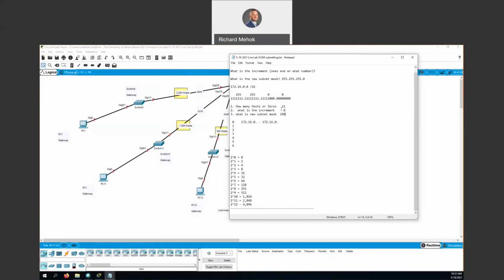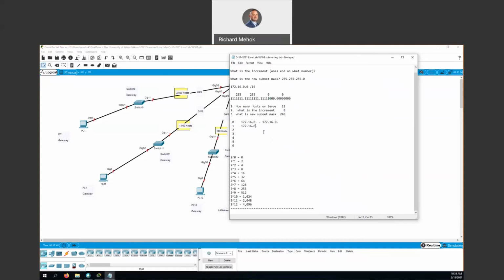So what we do now is we jump down here. So I know that we are going to increment by 8 in the third octet. It says it right here, and I'm stopped on the 8-bit up here.